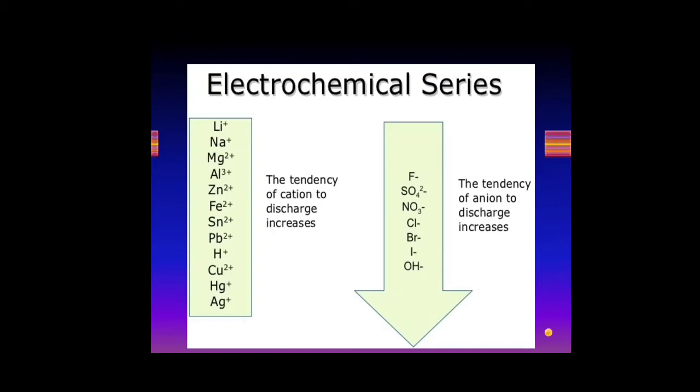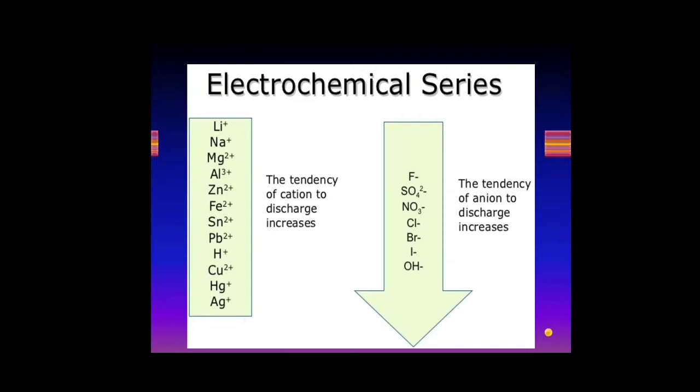Whereas the anion which is lower in this series here, that is hydroxyl ions, has the maximum chance of getting discharged at the anode. So we see that if there are chloride ions and hydroxyl ions, the hydroxyl ions will be discharged at the anode.